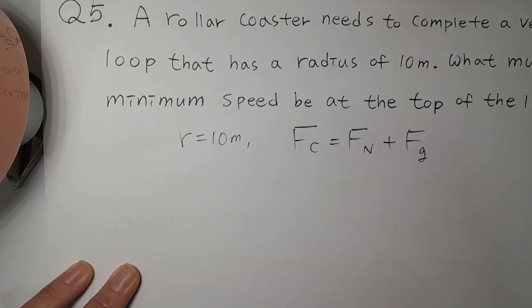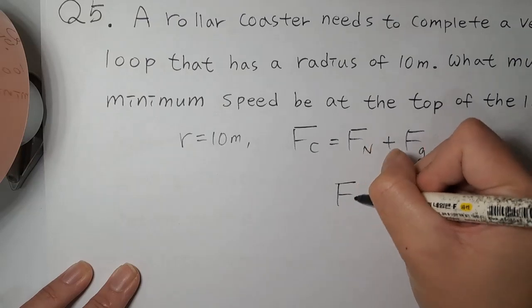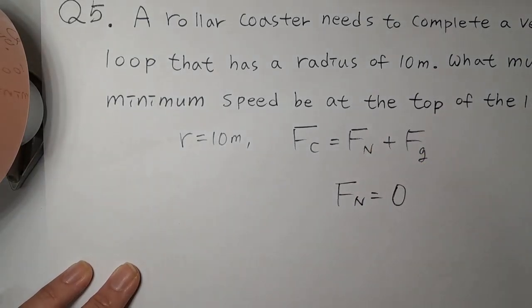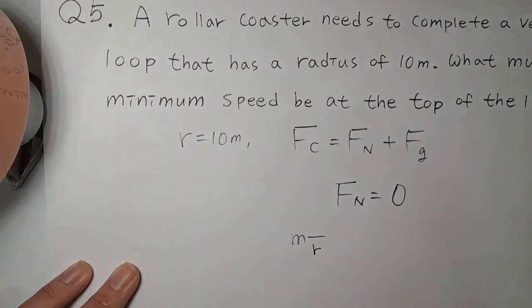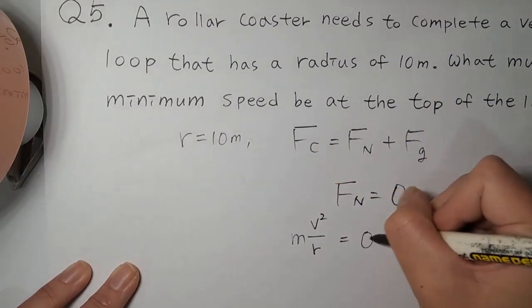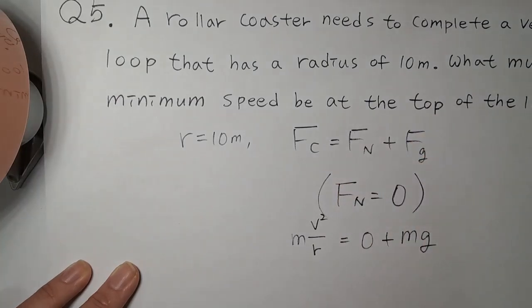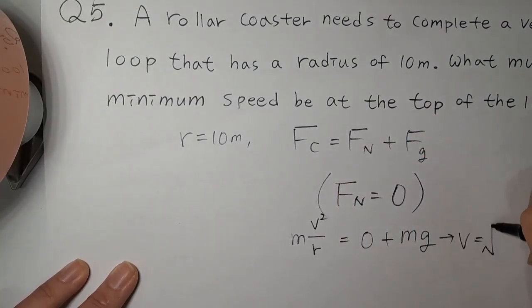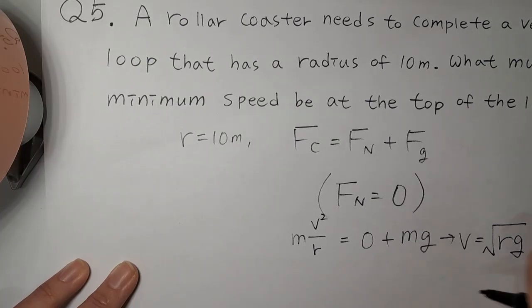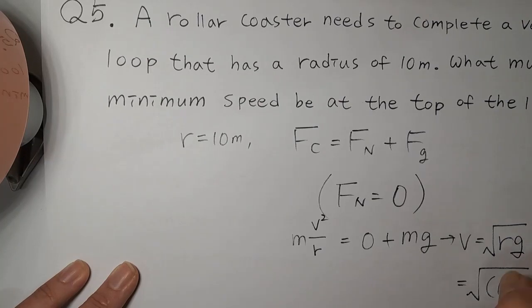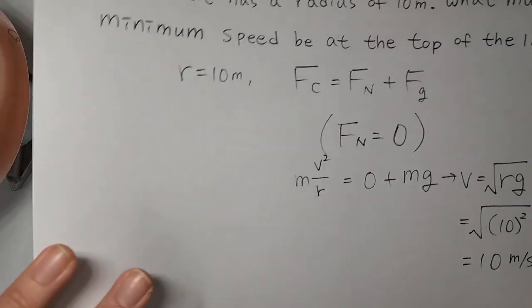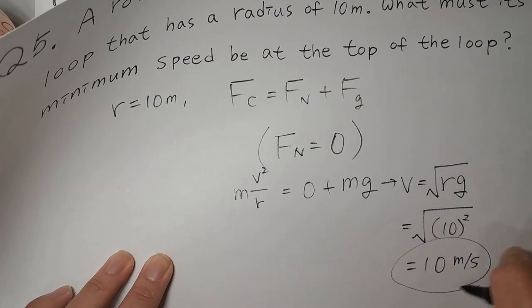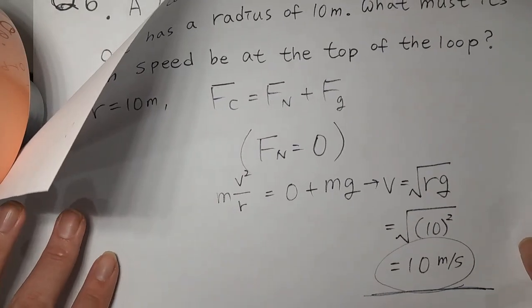The force of gravity cannot change. However, the normal force can be reduced to 0. So the normal force is going to be 0. And it means... So the answer is going to be 10 meters per second.